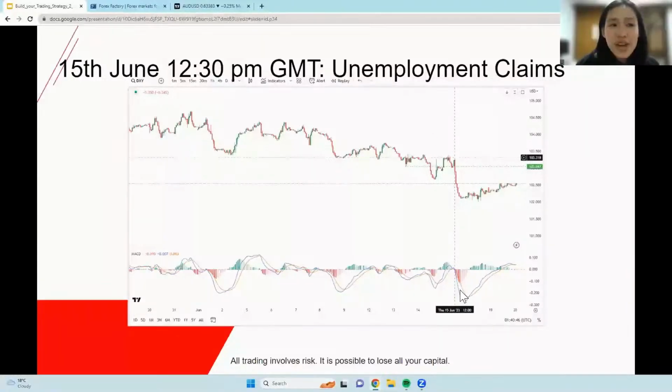If we recap what we talked about for the MACD, you can see price cross over here, right? The signal line and the MACD line, price crossed over. And then we also see this red histogram, the red area.